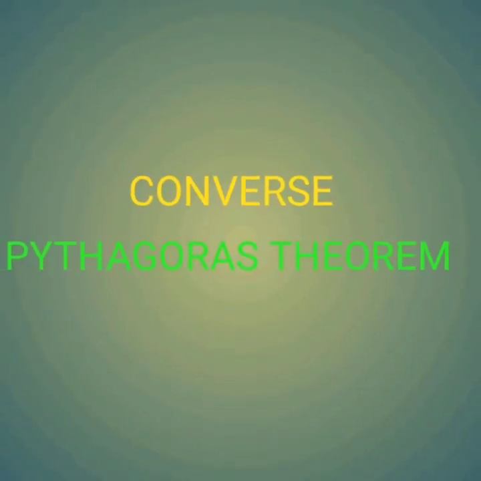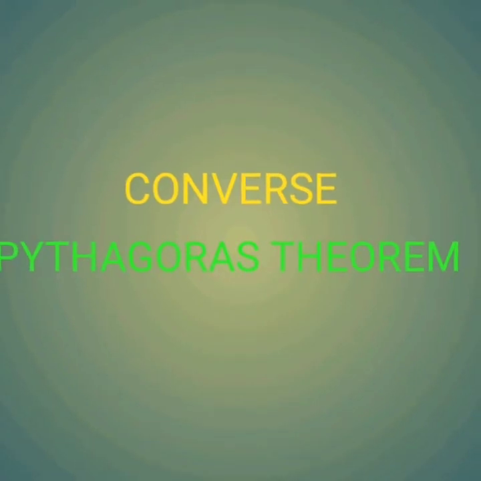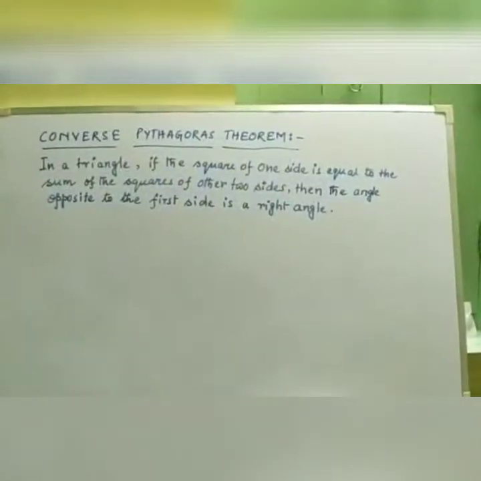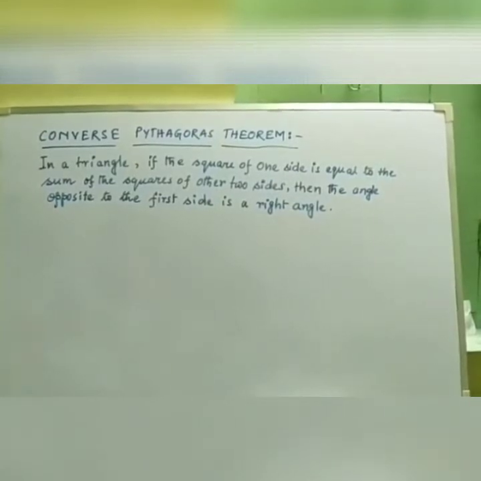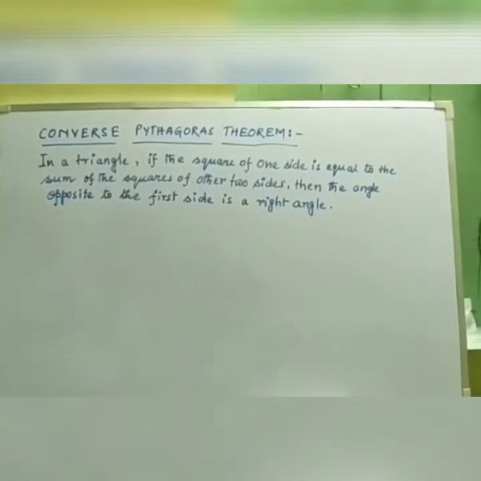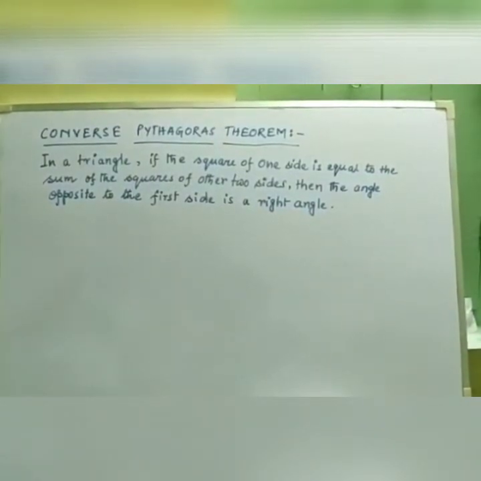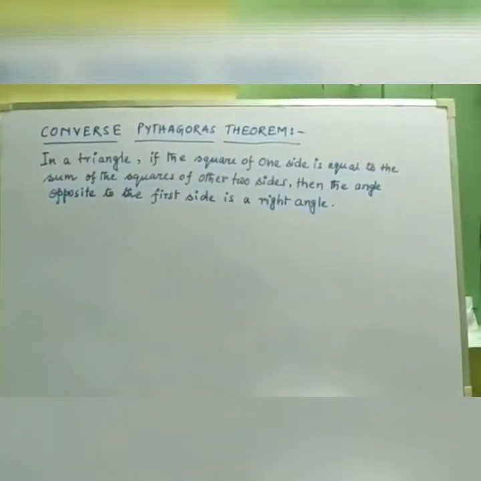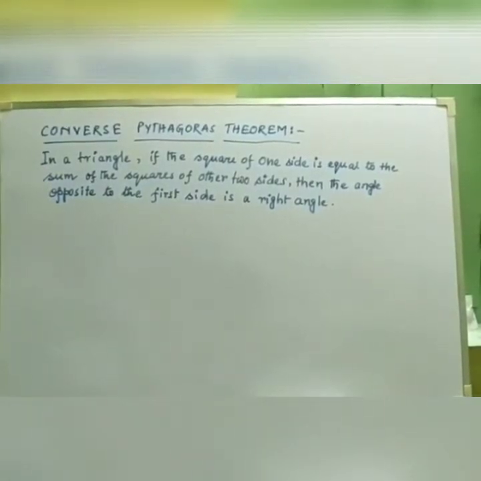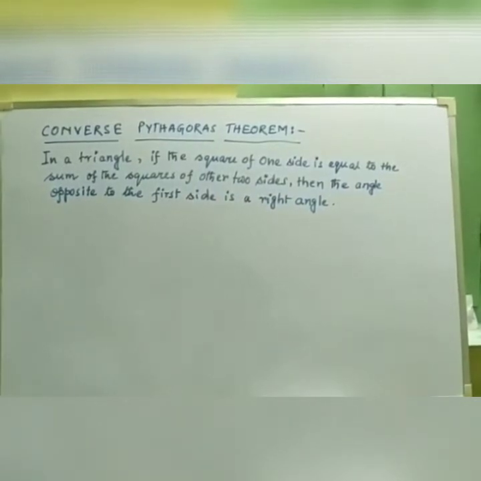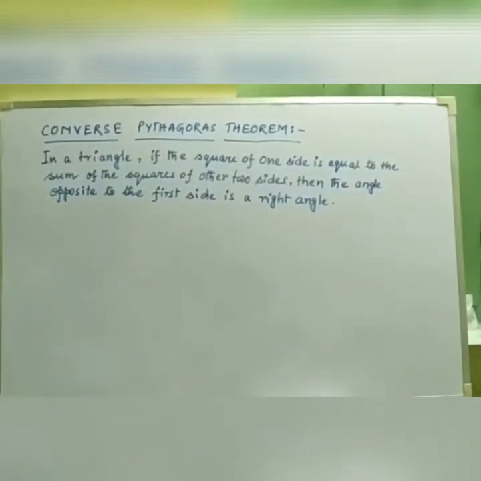Third topic, converse Pythagoras theorem. Previously we got the Pythagoras theorem, and this is totally opposite, which is called the converse Pythagoras theorem. See the statement: in a triangle, if the square of one side is equal to the sum of the squares of the other two sides, then the angle opposite to the first side is a right angle.